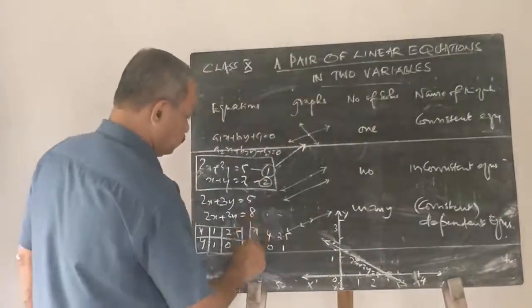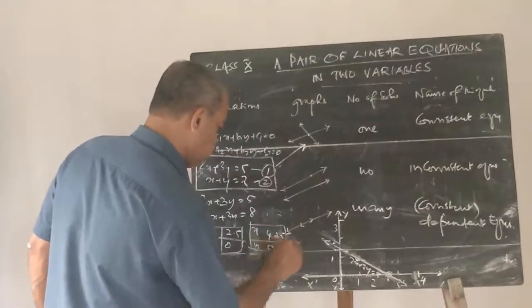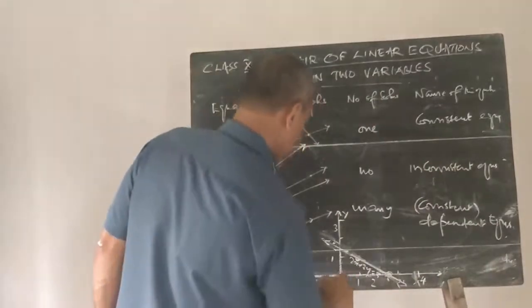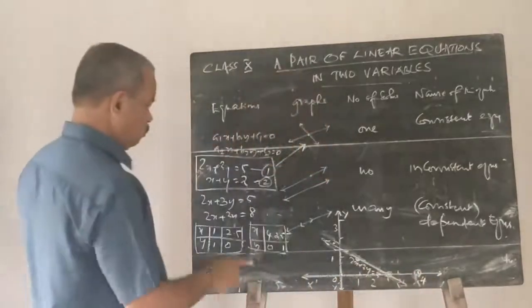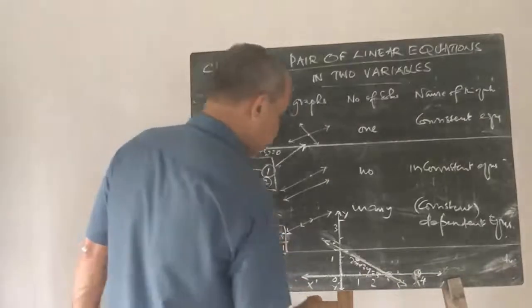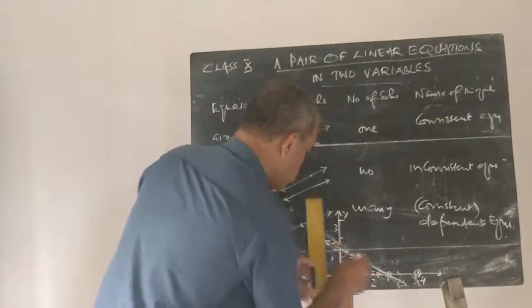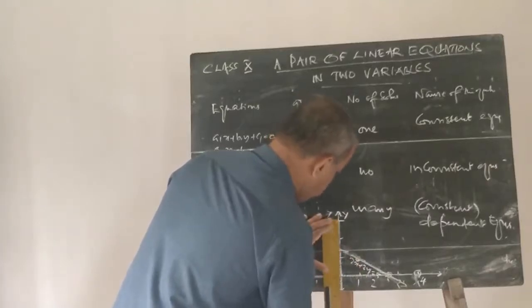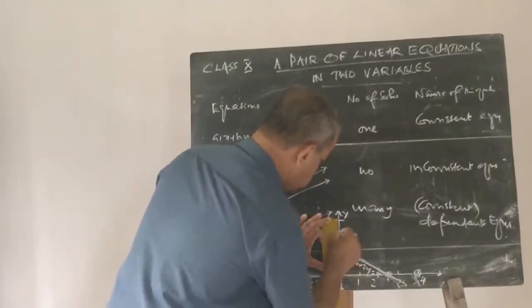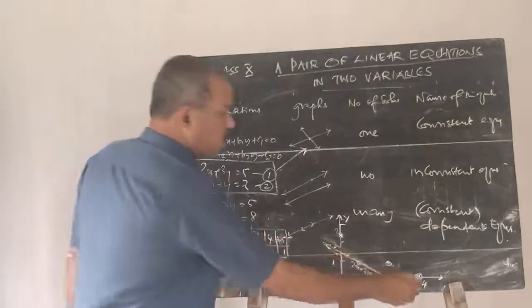Then the points are x 4, y 0 and x 2.5, y 1. Mark the first coordinate x 4, y 0.